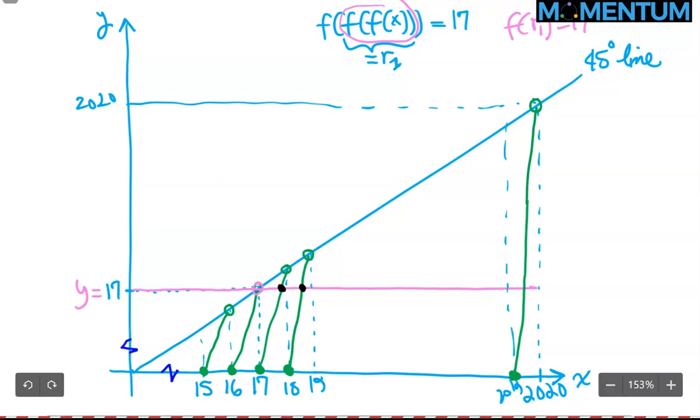And this is the very last potential solution for R1. So R1 will be one of them: the value for which, if we apply the function f, it will give us 17. Any one of these black dotted points is an R1.